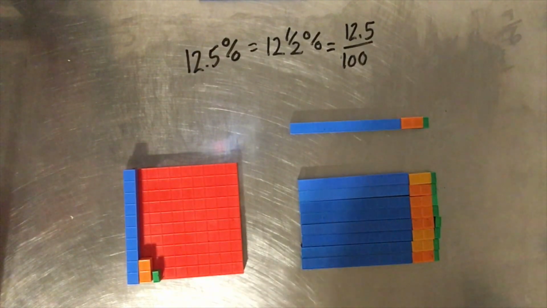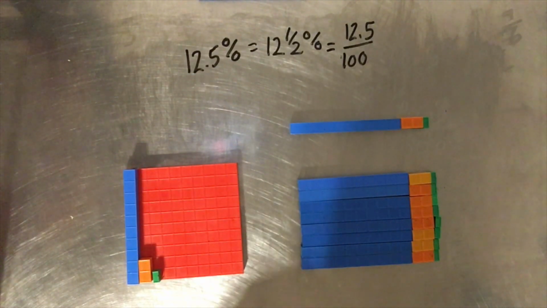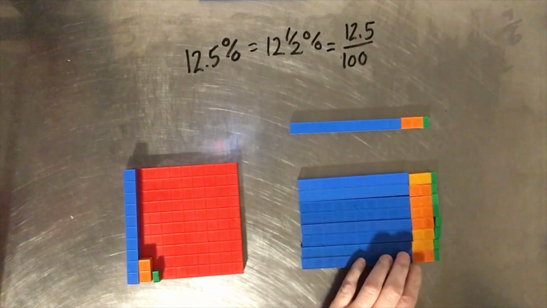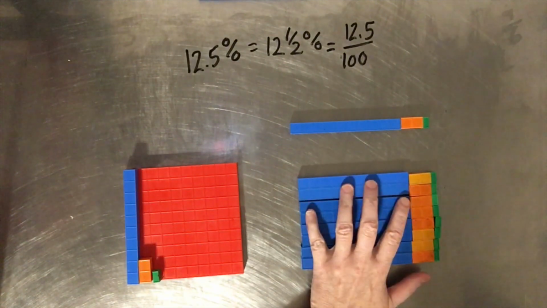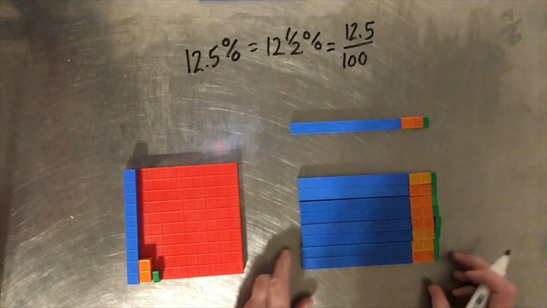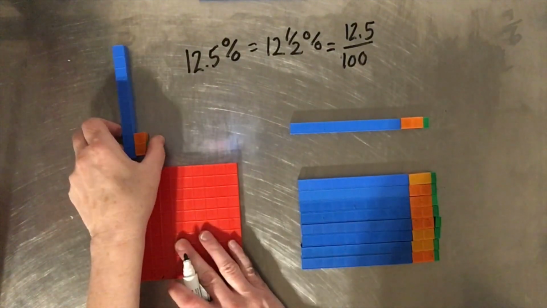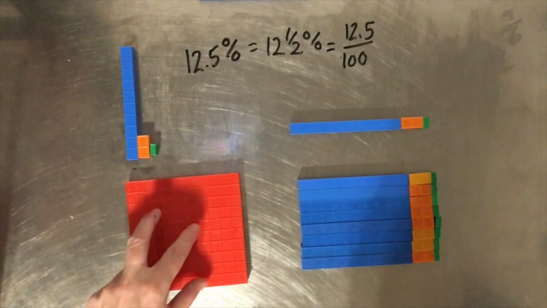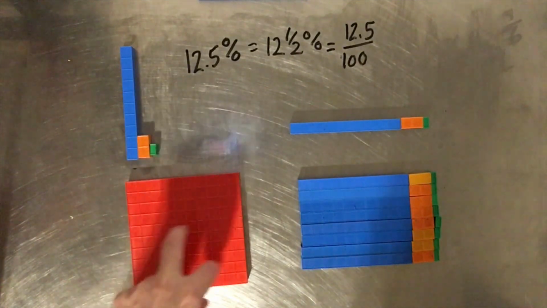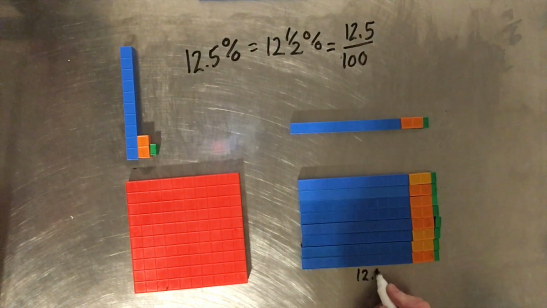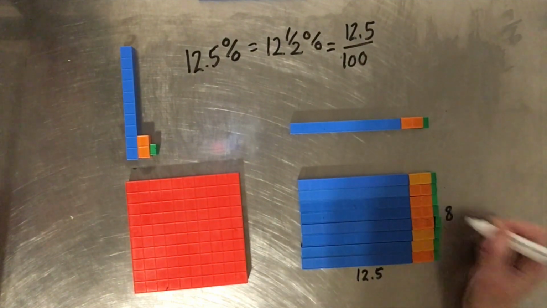Okay, now when we did the 37.5%, we found out that 12.5 goes into 100 evenly, right? It goes into it 8 times, right? So we're just reshaping here. This is still 100, just like this is here. So I'm taking this 100 pieces here of my 1, and I'm reshaping it so that's 12.5 across, and then it's going to be 8 up.